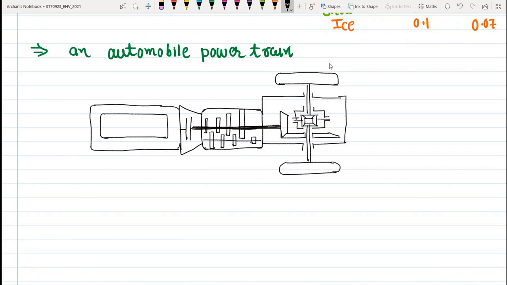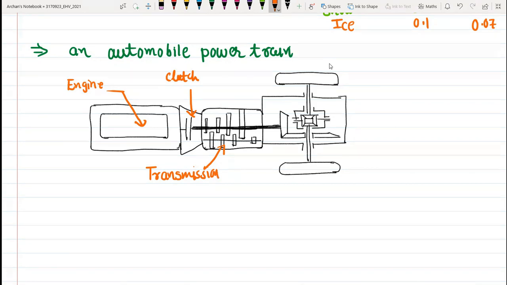Okay, right. So we do have our engine, which is over here. This is my engine. Then we have clutch, or it is also known as converter of the torque. Then we have transmission over here. Okay. And then this will be my final drive.